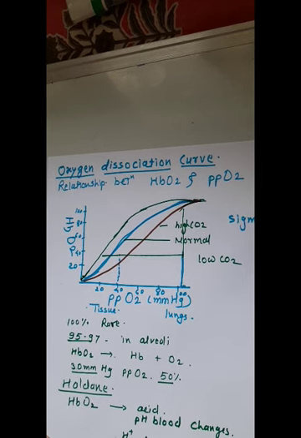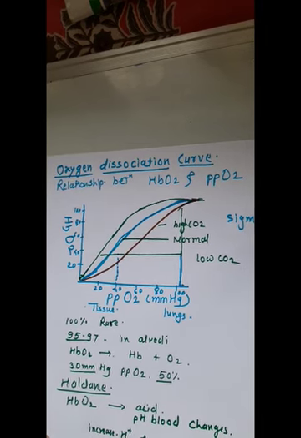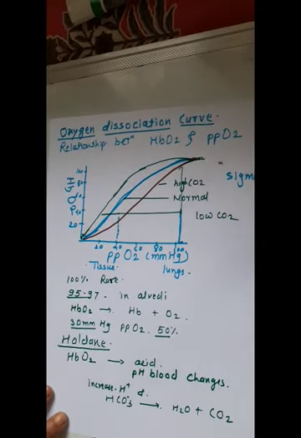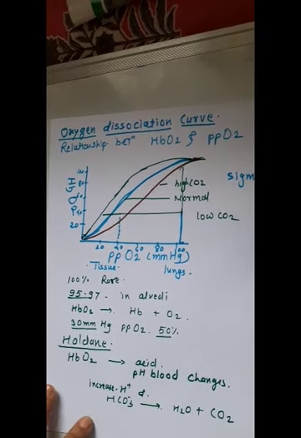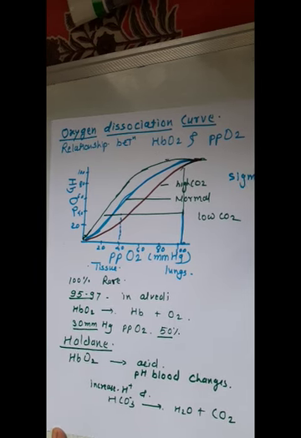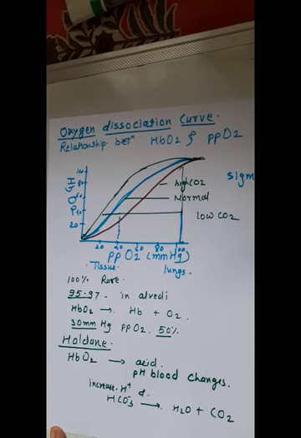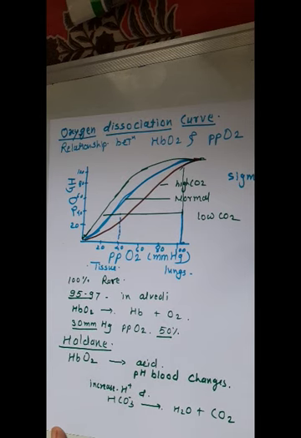When the number of H plus ions increases, the HCO3, that is the carbonic acid, dissociates into H2O and CO2. This is called the Haldane effect.